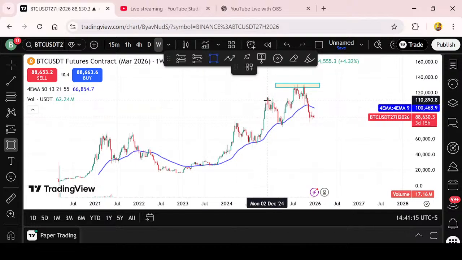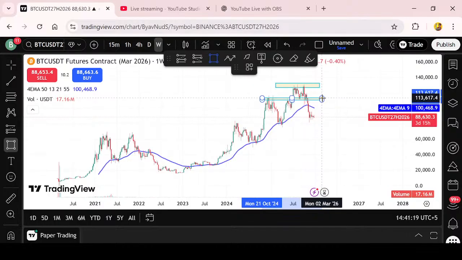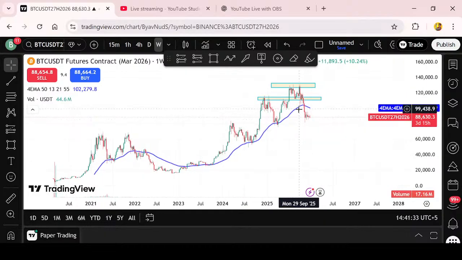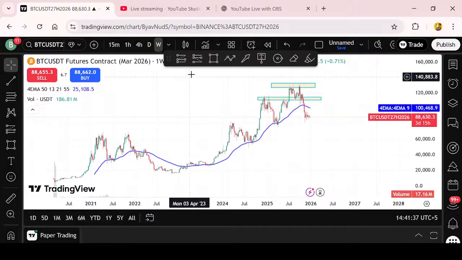Now we want to make another important point here. This is the second most important point. This is the close resistance, and this is the third resistance here.